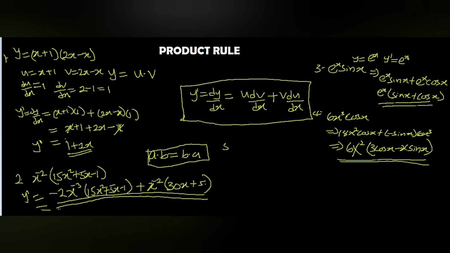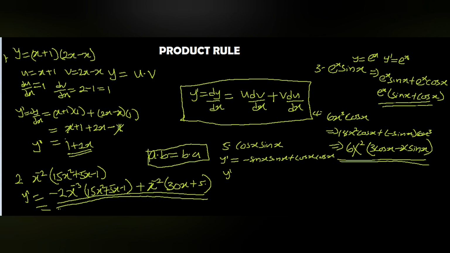So let's look at another example, example 5, where you have cos x sin x. So now to differentiate cos x sin x, we are going to have y prime equal to, if you differentiate cos x, we are going to have minus sin x, then you put sin x constant, which is sin x, then plus, put the cos x constant, cos x, differentiate sin x, you have cos x.